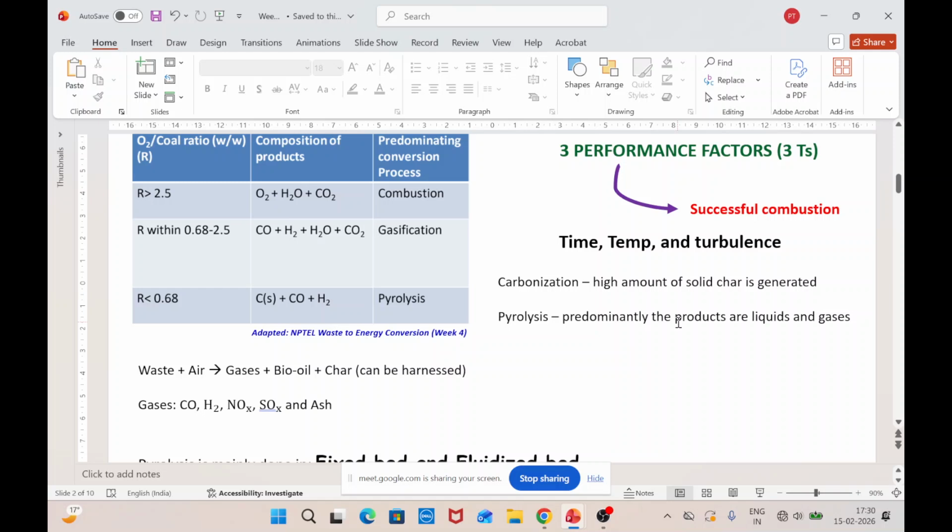There are certain disadvantages of bio oil that gets generated from this biomass and natural feedstocks we use for this pyrolysis process. What are the disadvantages of bio oil?